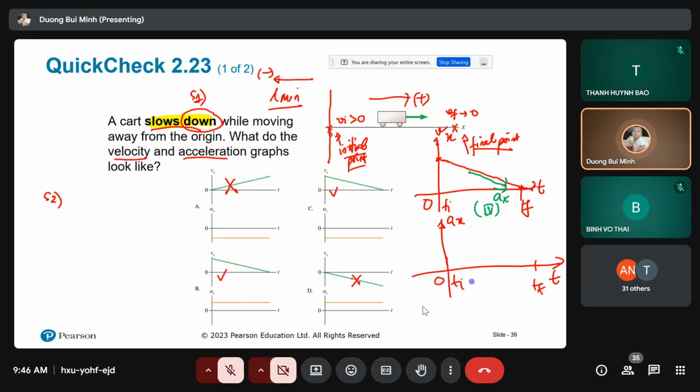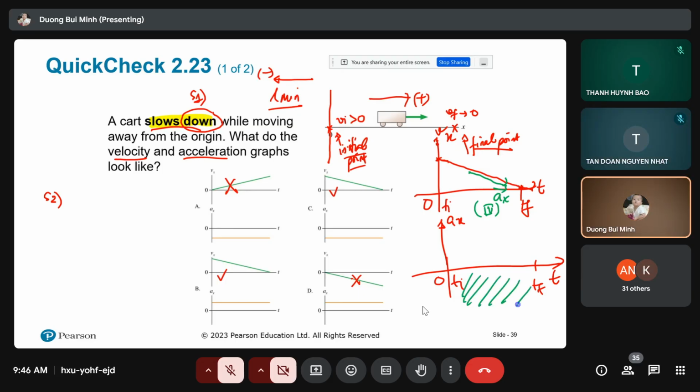So Ax should be here, right? Because we have the first quadrant, the second quadrant, the third quadrant, and the fourth quadrant. If we have this slope like this, Ax must be here.